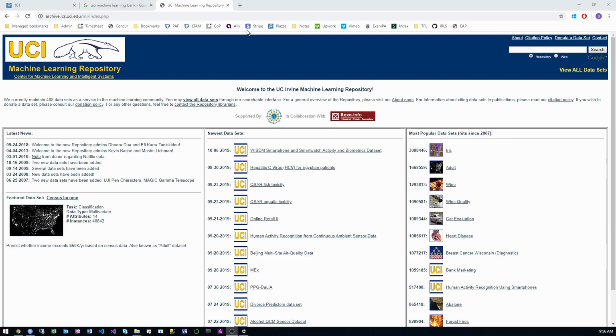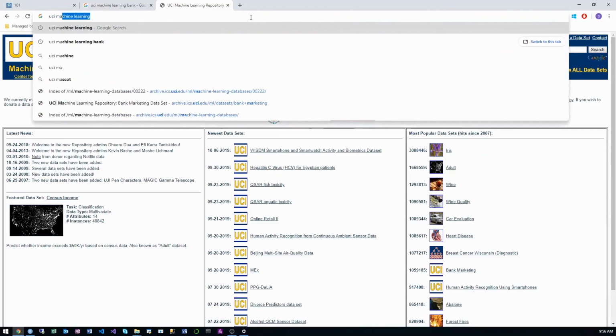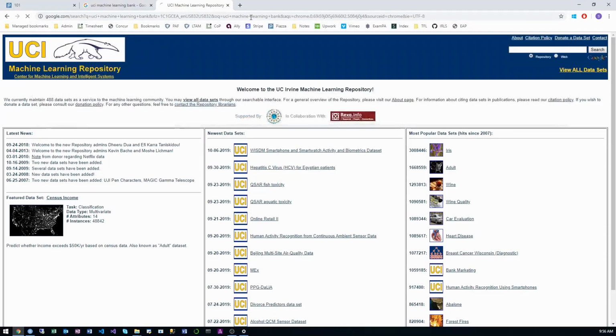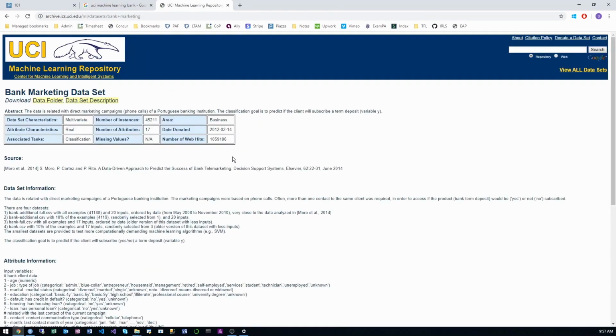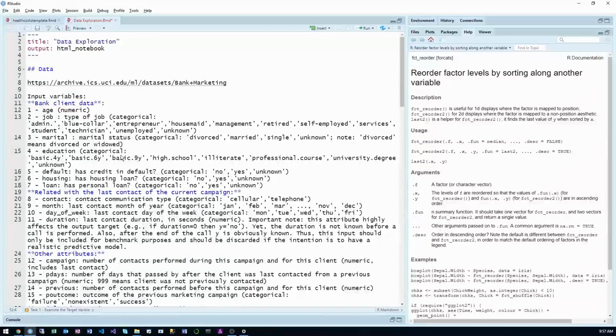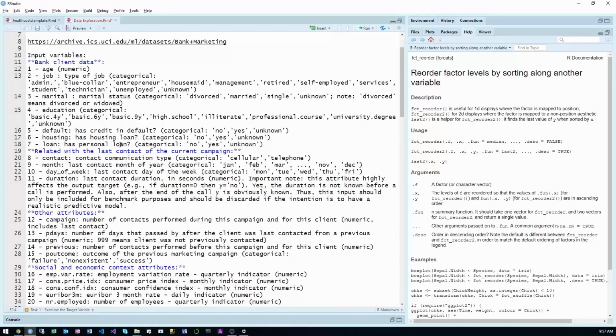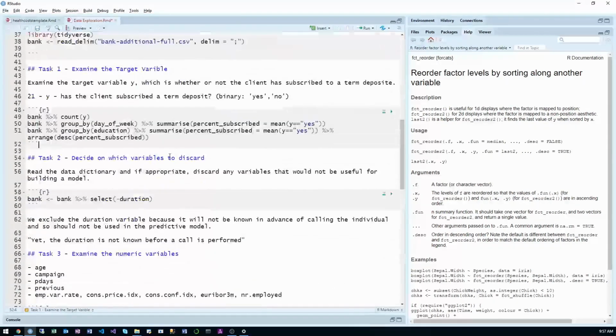If you just Google UCI machine learning bank, you will see a description. So I've downloaded the CSV file onto my computer and I've created an R project. I've copied the data dictionary here and I have some tasks.